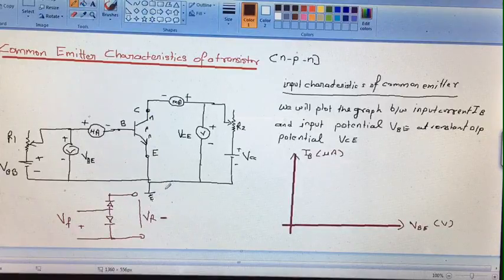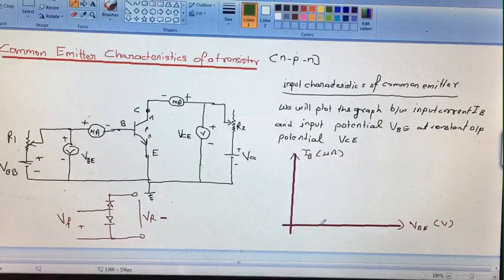Now, when VCC, which is being controlled with the rheostat R2, makes VCE 0, and we are supplying potential to this base to emitter VBE, it means we are considering this. In that case, our output current will be 0.